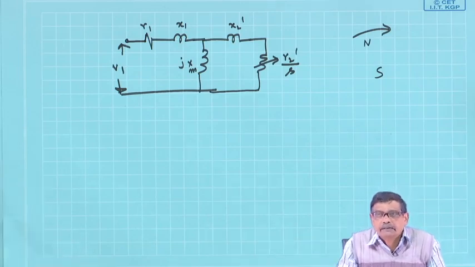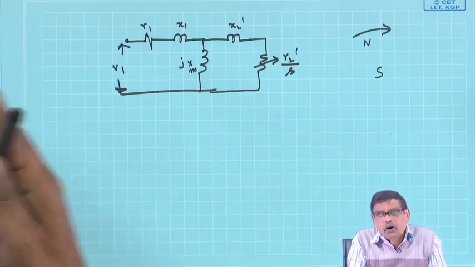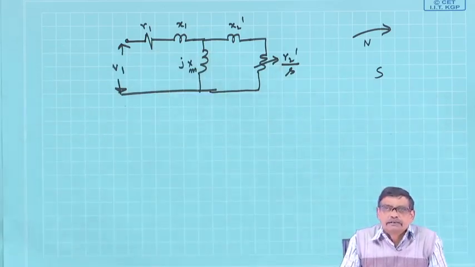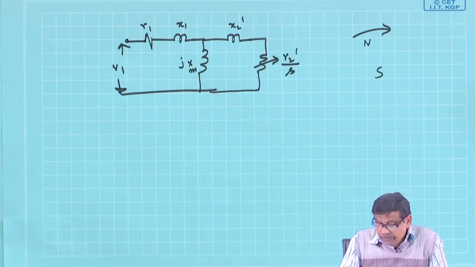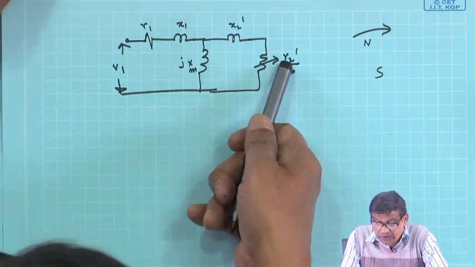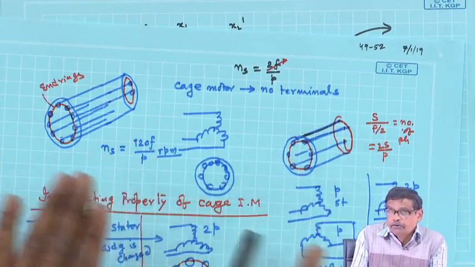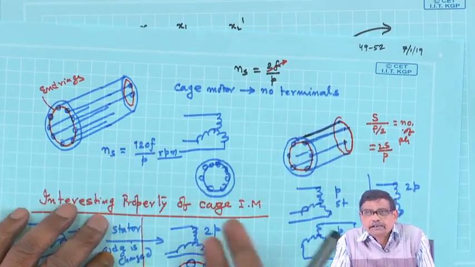So, everything goes all right, whatever we have done, torque expression and so on. Only thing, if you ask where is R2 dashed in the bar, I will not be able to tell. Okay.